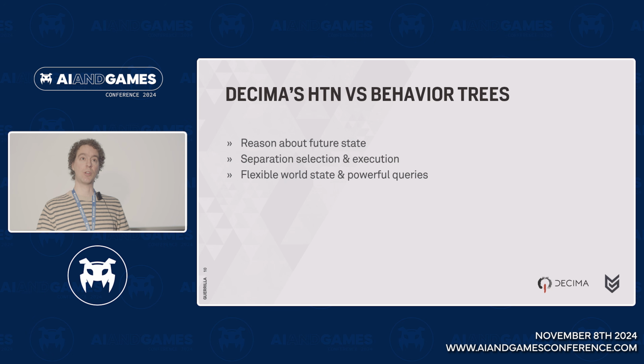And behavior trees often have a blackboard that is a key value store for their knowledge representation, while our AI world state can contain facts that are named tuples of any size, using a variant type that can contain symbols, numbers, lists, object pointers, etc. And with it, we're able to capture the relations between objects as well. And then we have a very powerful query language to query that state. I'll be telling more about it shortly.